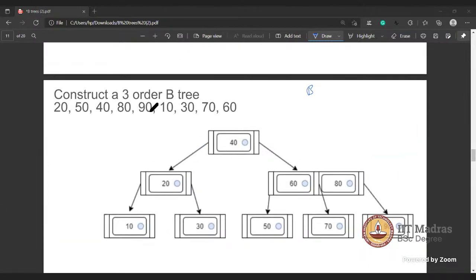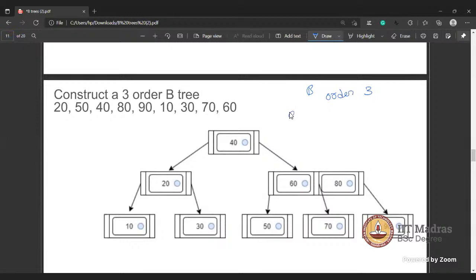Okay. So in B plus tree we use n by 2, right? What is n by 2? Like n, where n is the number of nodes. In B plus trees, each node will have n by 2 number of key values, right? See, in B plus, suppose order is 3.